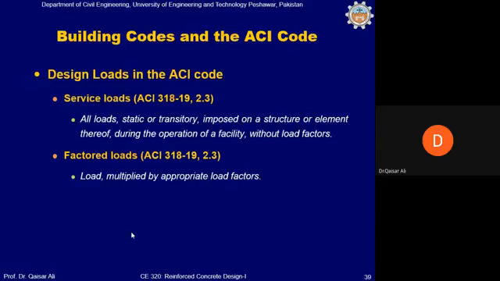For example, a load is 50 pounds per square foot, and you say, okay, I will increase this load by 20% or 30% in order to provide some safety in my design. So these loads, when they are factored, are called factored loads. When service loads are multiplied by certain factors, or increased by a certain percentage, they are called factored loads. This is common practice: the loads are increased a little bit by factors recommended by the ACI code in order to ensure safety in our designs.